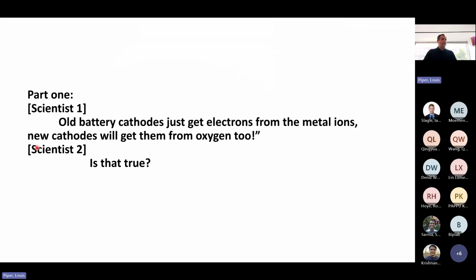So the idea is, if we look at that statement, oxide cathodes will get electrons from the ions and also from the oxygen too.